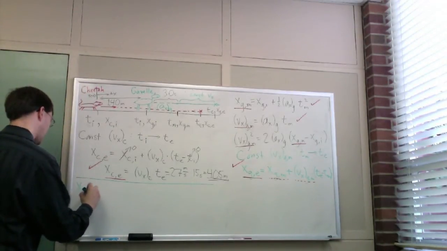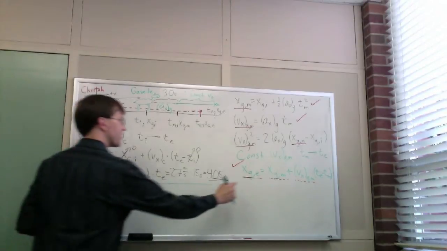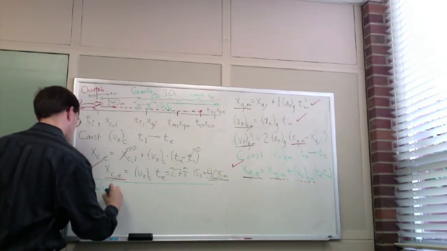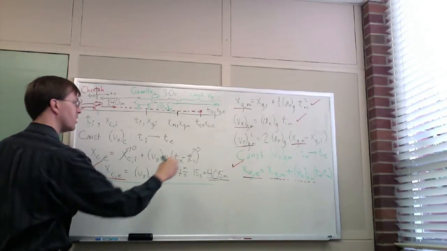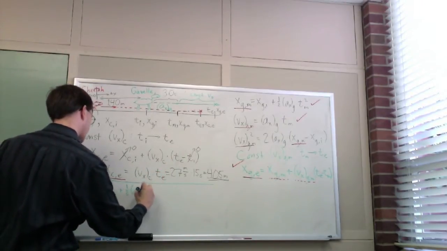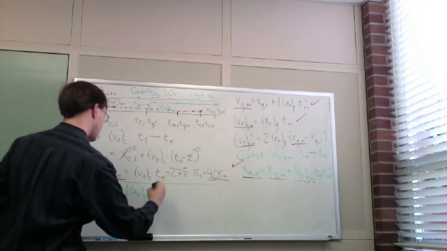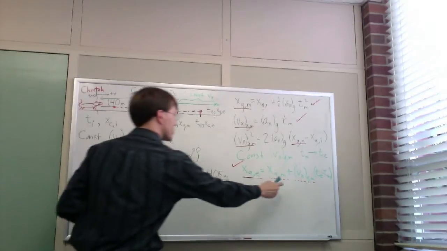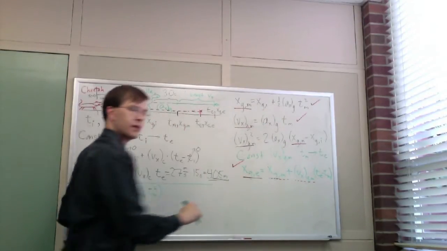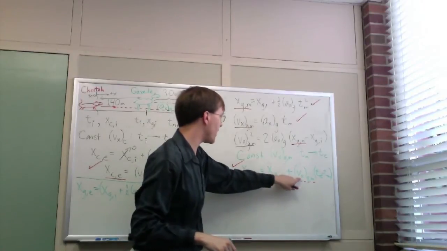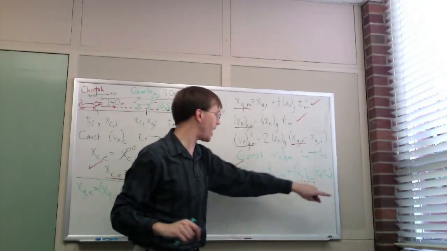X gazelle escape equals, well, this first one I've got an equation for: x gazelle initial plus 1/2 ax gazelle times t max squared. That's the first term that I've just plugged in. My second term, I'm going to multiply Vx max times this difference in times.